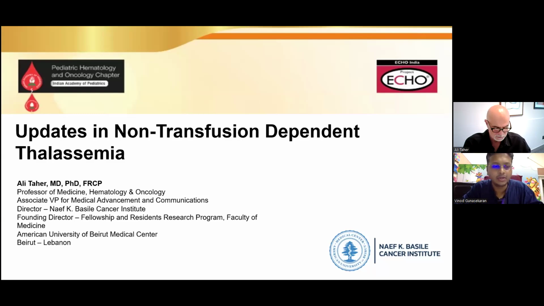If not, I will start with my question. Sir, as you mentioned, NTDT patients have a hypercoagulable state. So, especially when they enter pregnancy, do we anticoagulate everyone? I can't hear you well. So, actually, in NTDT, when they enter pregnancy, do we anticoagulate right from the beginning?